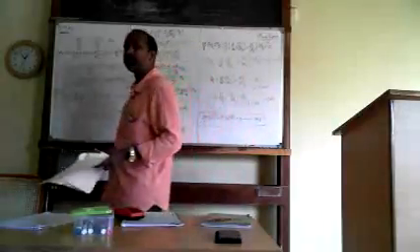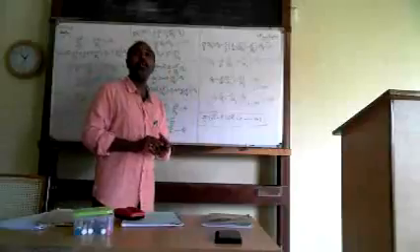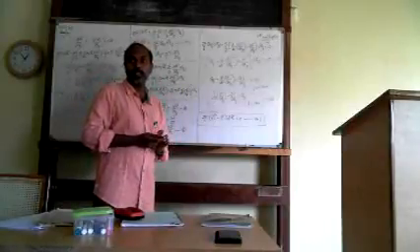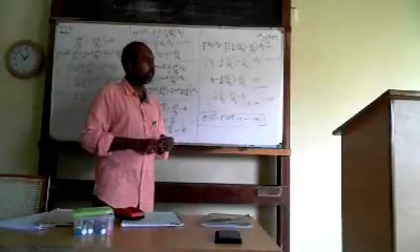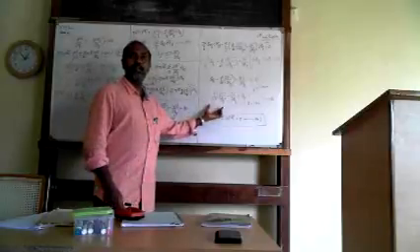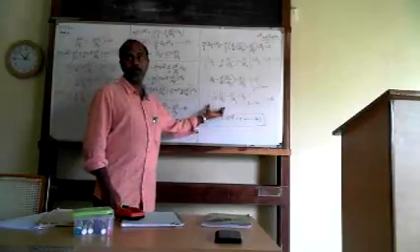How many equations are out there? Small n equations of this form are there, if the degrees of freedom is small n. Actually, these are the Lagrange equations of motion.